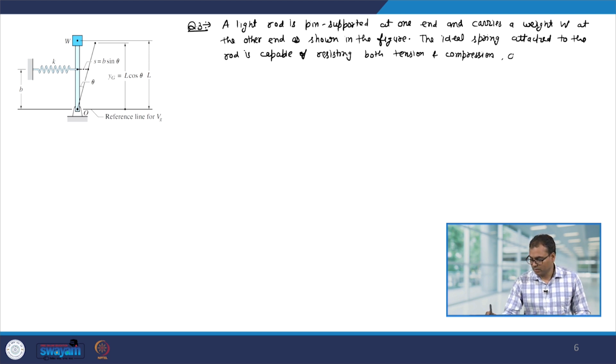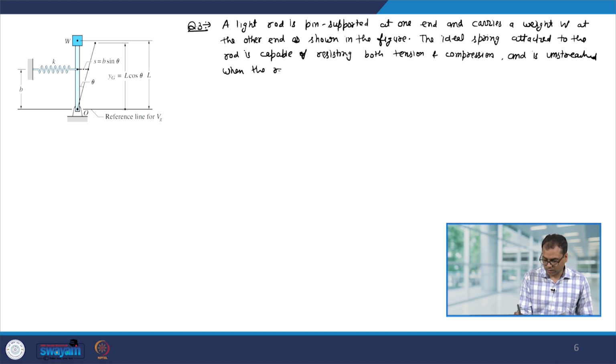and is unstressed when the rod is vertical.